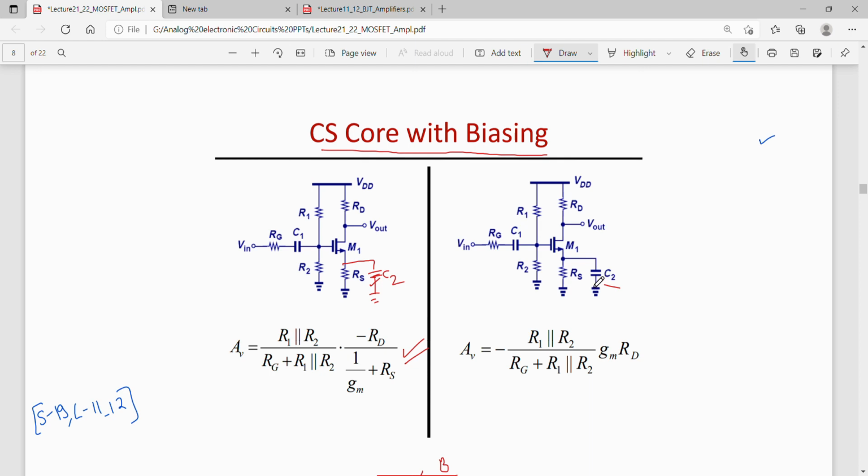Now with this bypass capacitor the AC small signal gain can be calculated. The AC small signal gain will be similar to this, but we will not have RS this time because RS is shorted by this C2. So the total gain is now equal to only this much. So this and this both are the same. Okay.